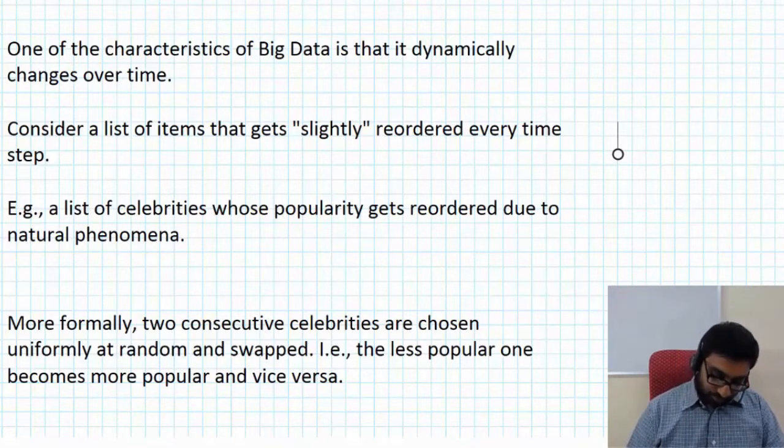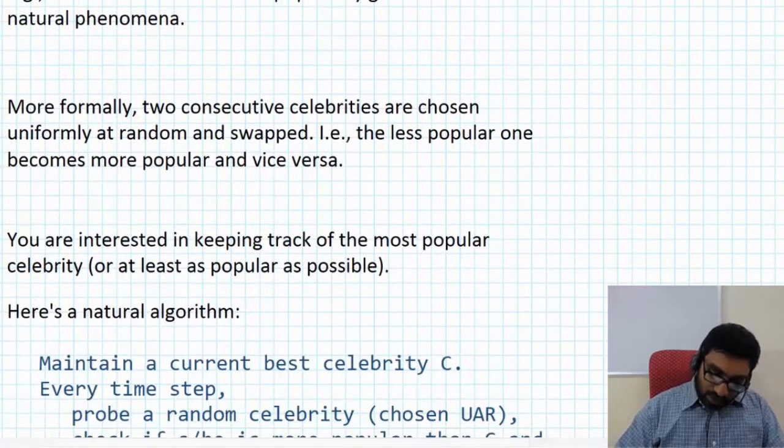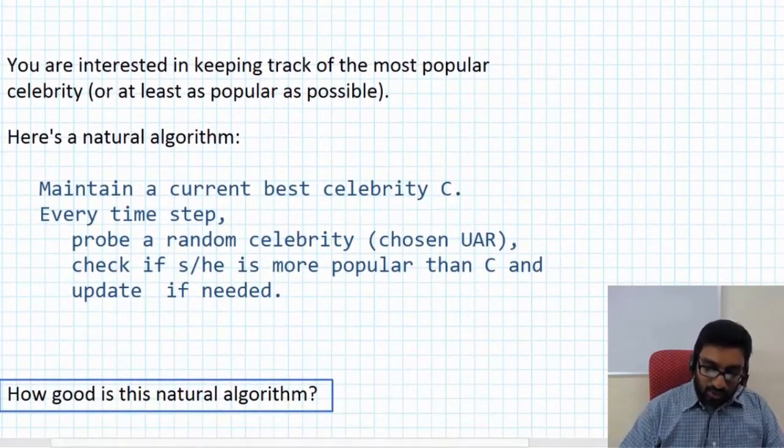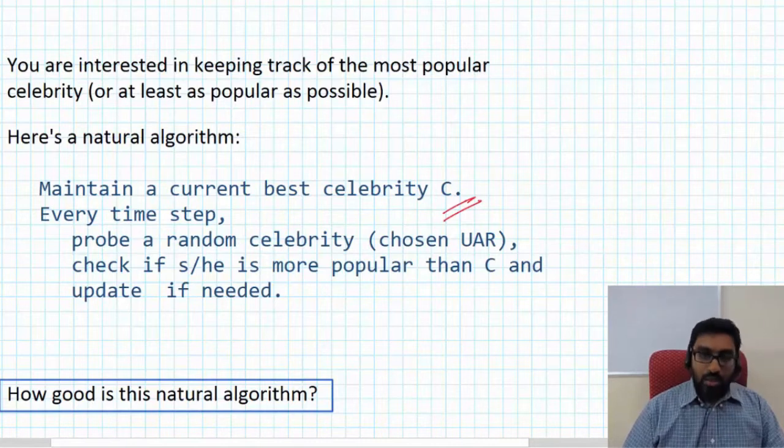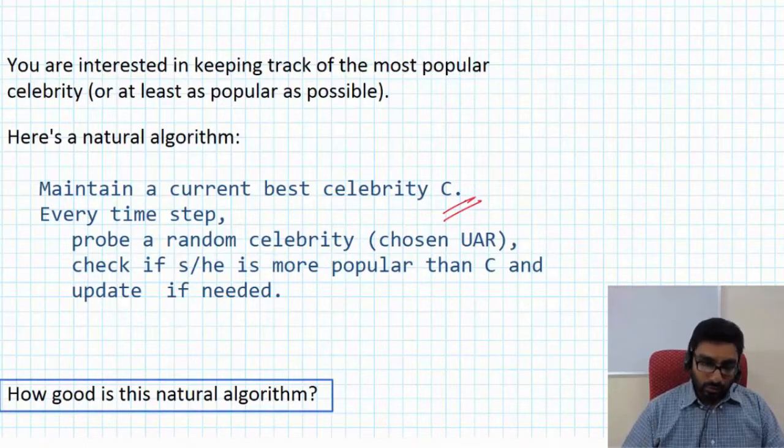Over time the popularity list keeps changing. Given such a changing list, we're interested in maintaining the most popular celebrity, and we want to do this without expending too much effort. Here is a very simple algorithm. At any point in time, just maintain the most popular celebrity that you have currently seen so far, call it C, and you randomly probe a new celebrity and check if this new celebrity is more popular than C or not.